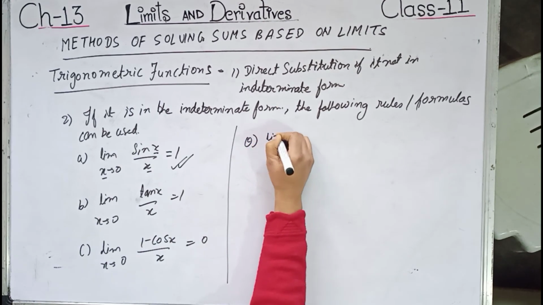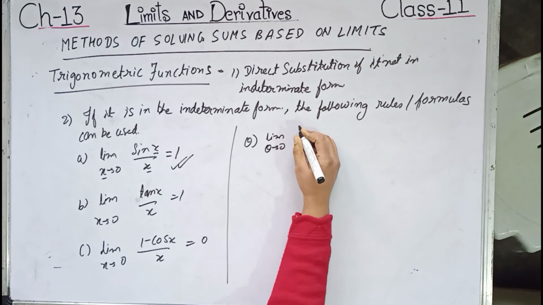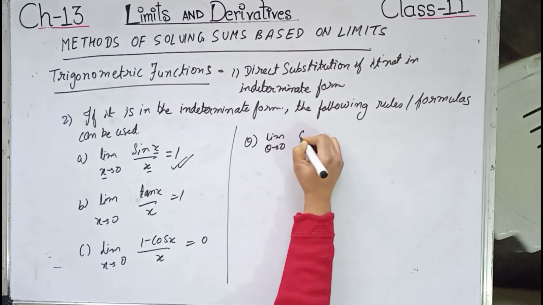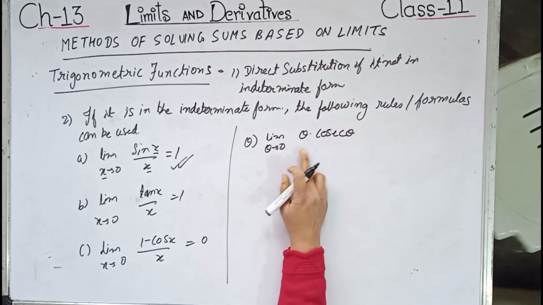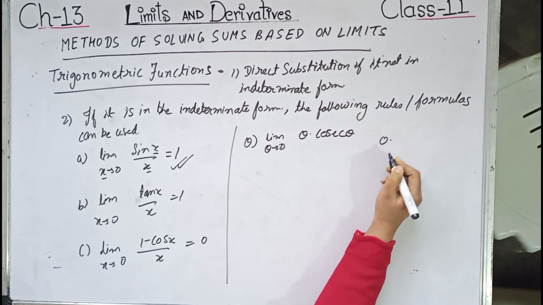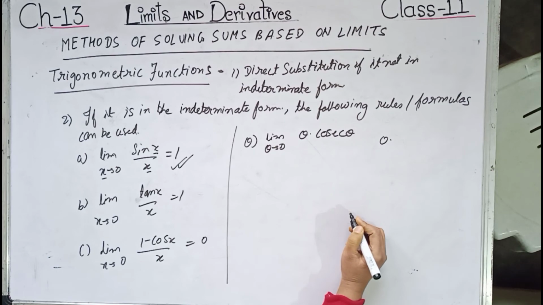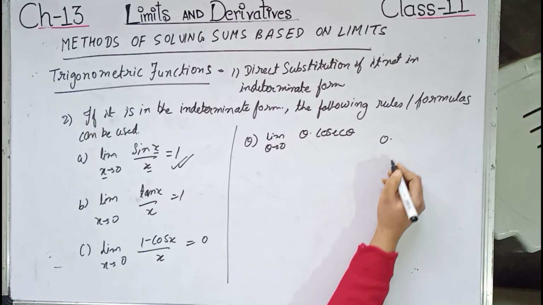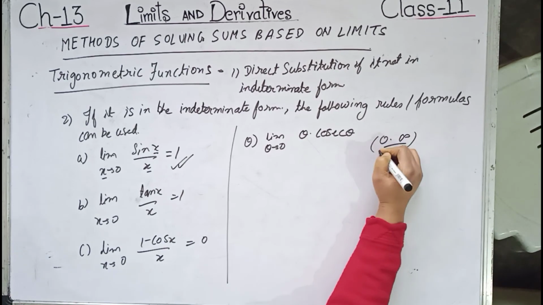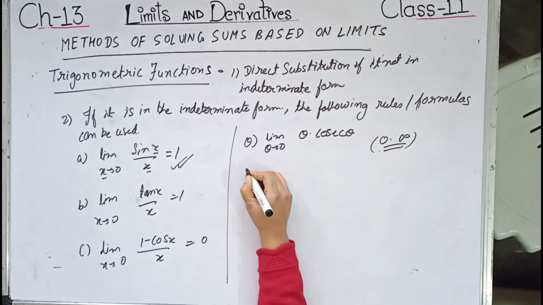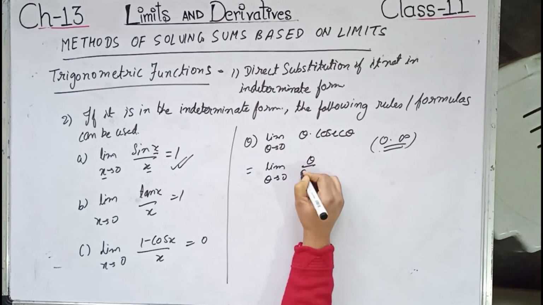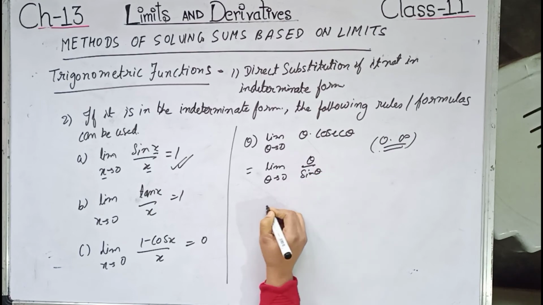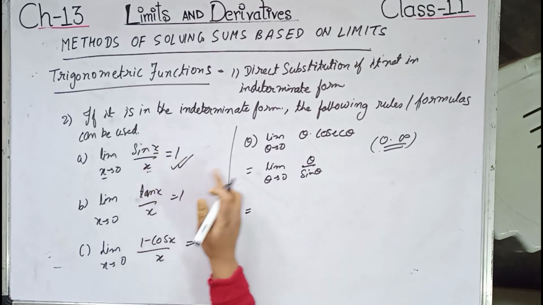Question: limit theta tending to 0 theta into cosec theta. Now this is in the form of 0 into cosec 0. Sin 0 is 0, so cosec 0 is 1 by 0, that is infinity. So this is of the form 0 into infinity. So this I can write as limit theta tending to 0 theta by sin theta. Now remember this, sin theta by theta is 1.